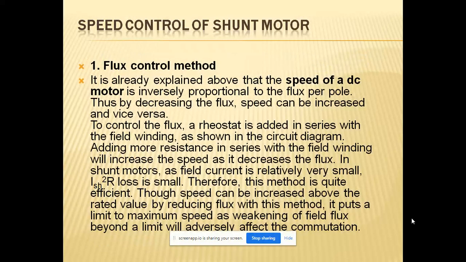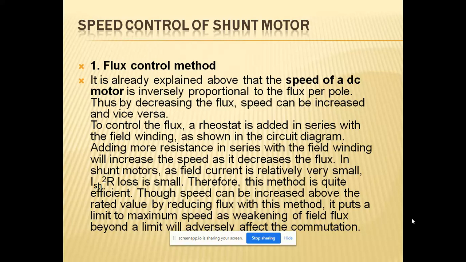Now we discuss the flux control method. It is already explained above. The speed of a DC motor is inversely proportional to the flux per pole. Thus, by decreasing the flux, speed can be increased and vice versa. It is based on the fact that by varying the flux, the motor speed can be changed, and hence it is named the flux control method.